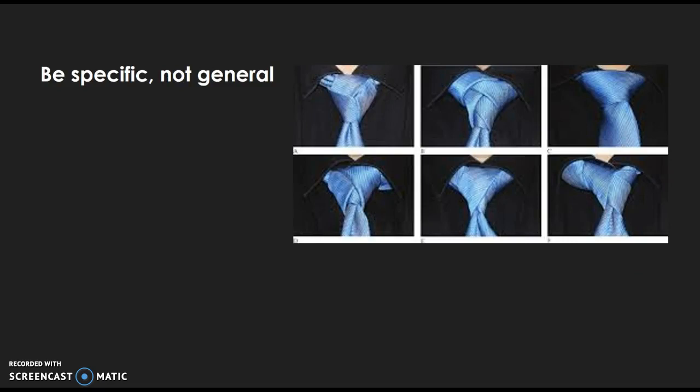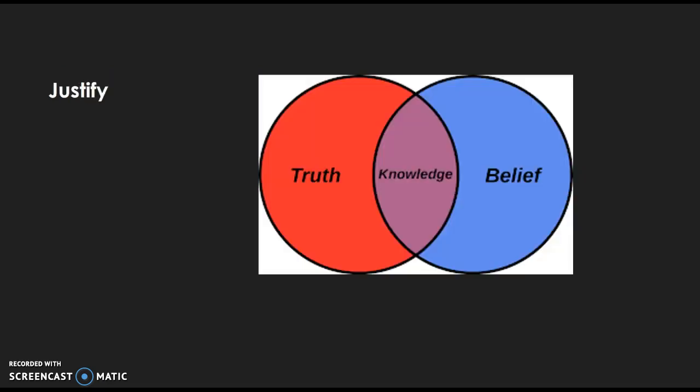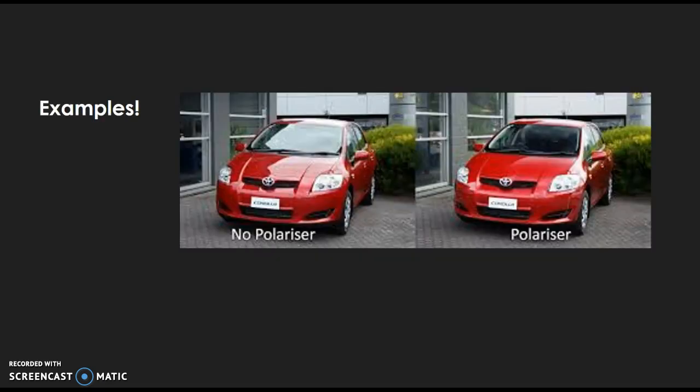You should be specific and not general. Just give the example or the exact item you want to talk about. You also want to justify whatever it is that you might be making a request for. Providing examples is always a great way to go.